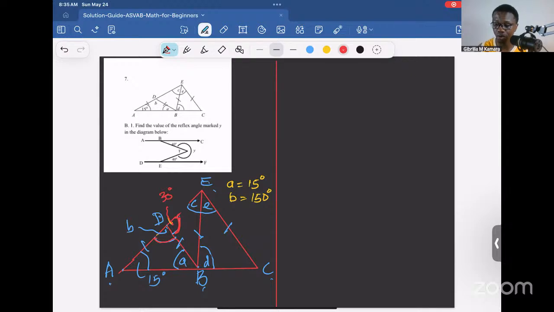So let me redraw the shape, which is triangle BDE. If we draw that, we are going to have something like this.